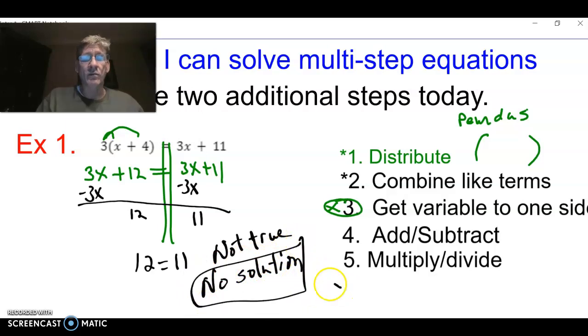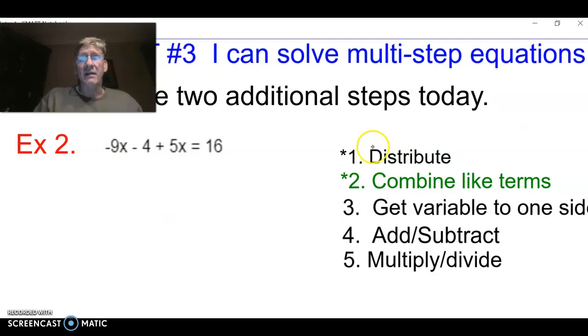None. You can put this empty set symbol there. That means no solution also, which means there is no number that I can put in for x that will make that thing true. Not a single one in the whole entire universe. No number I can put in there that will make it true. Okay, moving on.